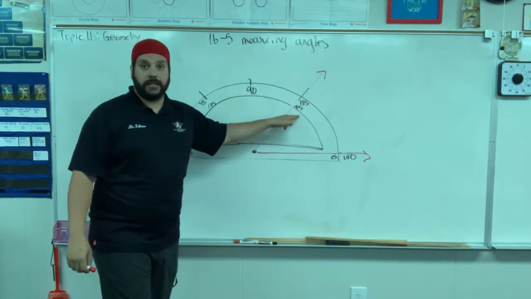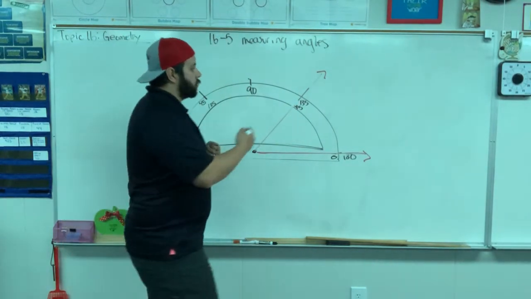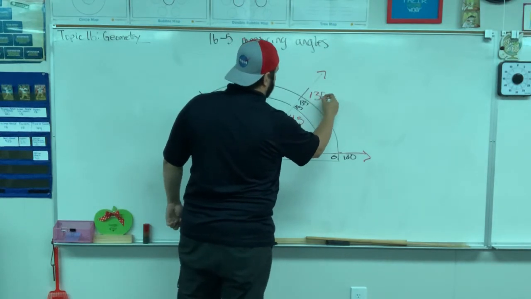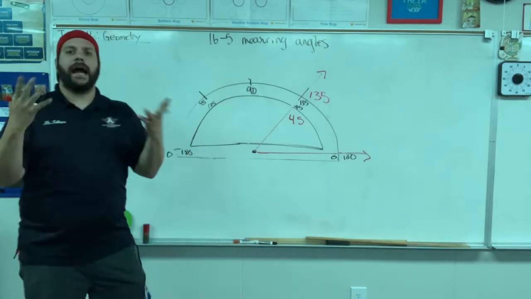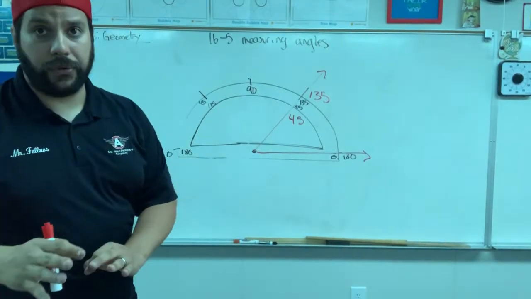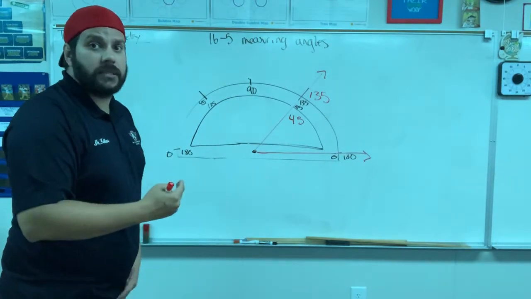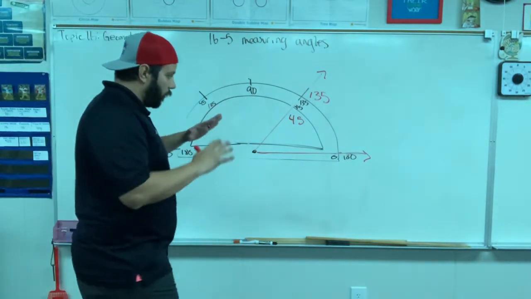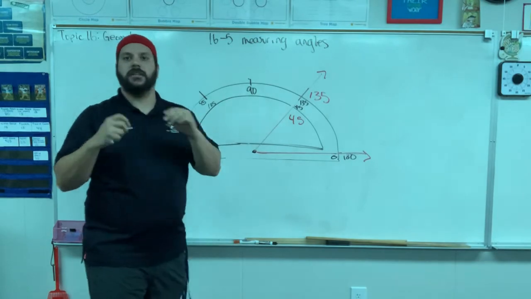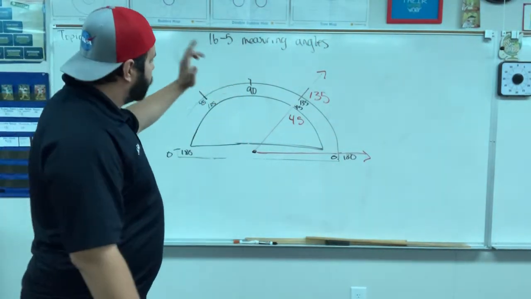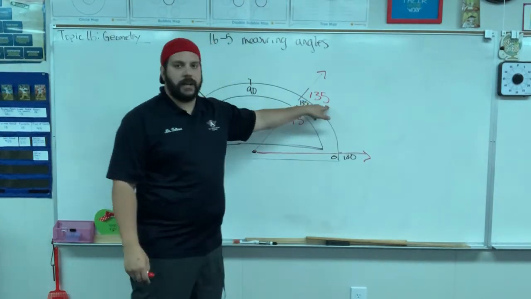Now, you'll notice, if you can see this clearly, it's crossing at 45 and 135. Okay, how is it both? It is not both, but it depends on which way the angle opens on your protractor. So, first things first, let's just look at it and think logically for a second. 45 degrees, 135 degrees.